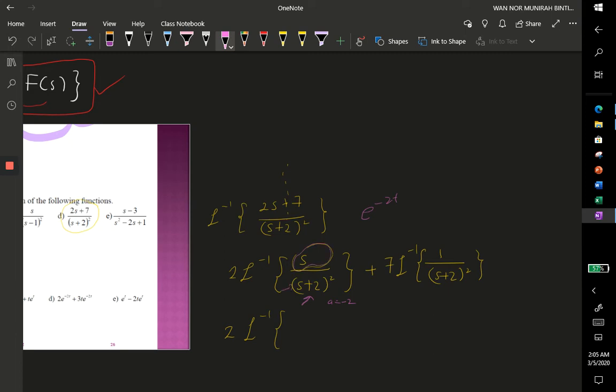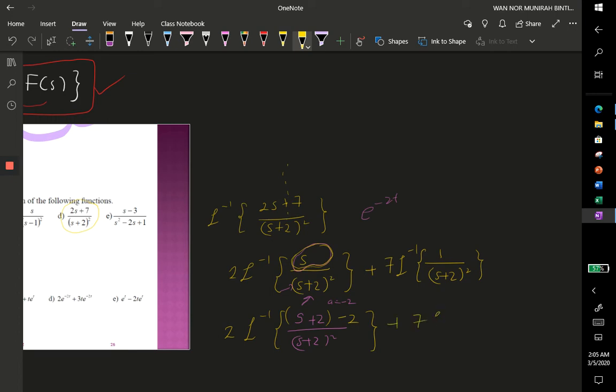For example, you have (s plus 2) over (s plus 2) squared. But if you look at the function, originally you have s, but you have s plus 2 here, so you need to minus 2.